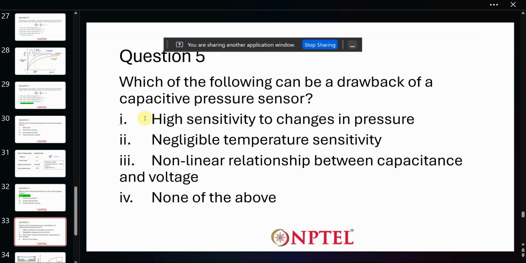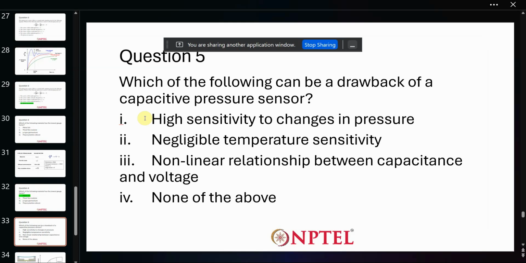In a capacitive pressure sensor, on the membrane you have a capacitance. Because of pressure, the diaphragm is deformed, so you will have a stationary plate and the diaphragm as the secondary plate, and the voltage will be applied between the diaphragm and the stationary plate.